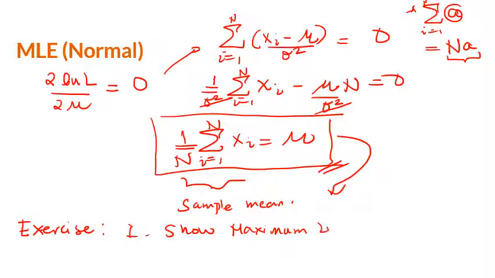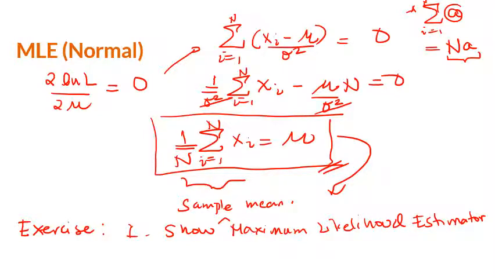So it's the maximum likelihood estimator. Ang na-show pa lang kasi natin ngayon so far is that the sample mean is a critical number. So pwedeng maximum siya, pwedeng minimum siya. So yun yung gagawin nyo sa bahay. I-show nyo na maximum siya, so that the sample mean is your maximum likelihood estimator.